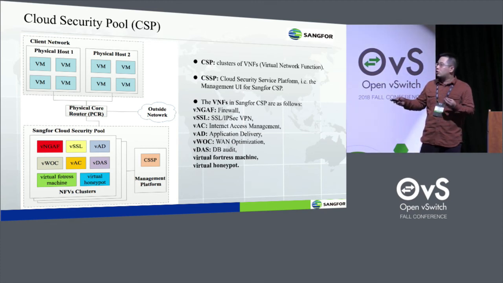VMGAF is the virtual next generation application firewall, VSSL is the VPN with SSL and IPsec, VAC is the virtual internet access management, and VAD is the virtual application delivery. It's used for load balancing. VWC is the virtual WAN optimization, VDAS is the virtual data auditor, and there are two more.